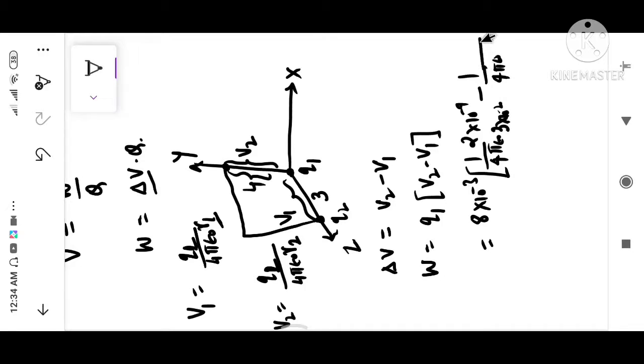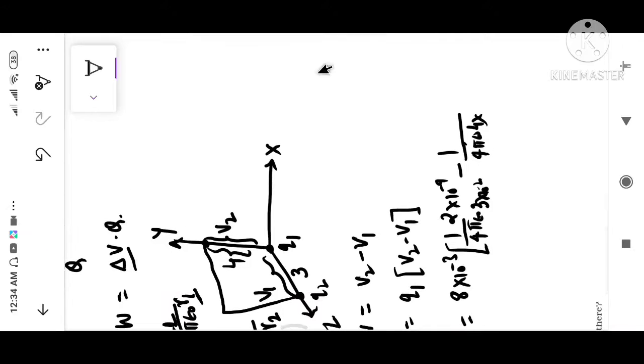And similarly here you have to put 1 upon 4 pi epsilon naught R, that is 4 × 10^-2 meter, and here 2 × 10^-9.